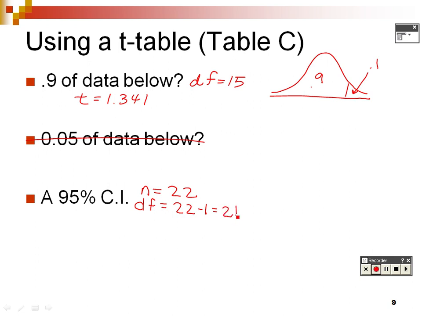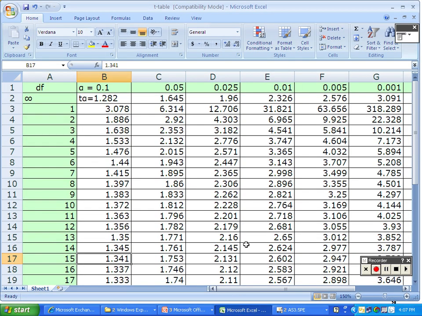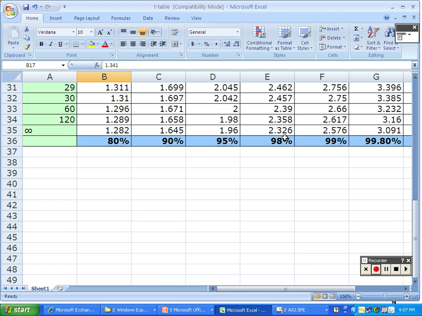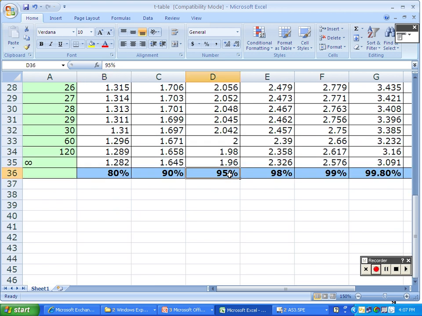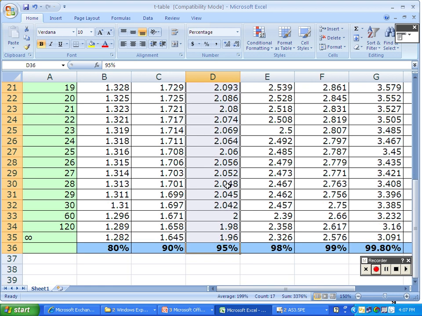What we would do in this case is go back to the table and go to the bottom, and we want a 95% confidence interval. So this is this column right here. And in this column, 21 degrees of freedom is 2.08. So we're going to enter that in your notes.